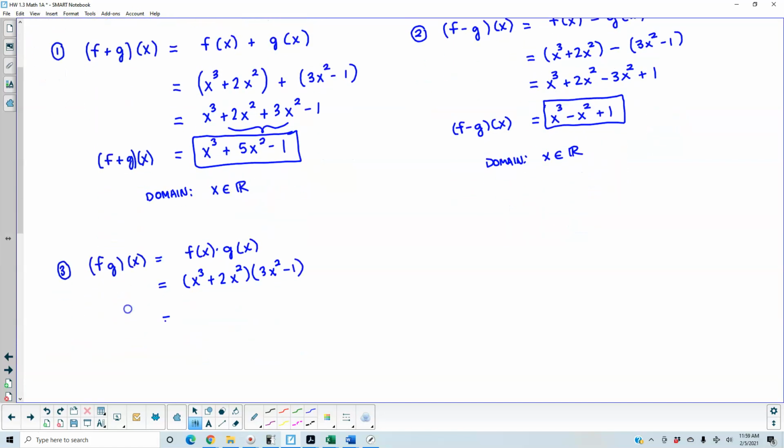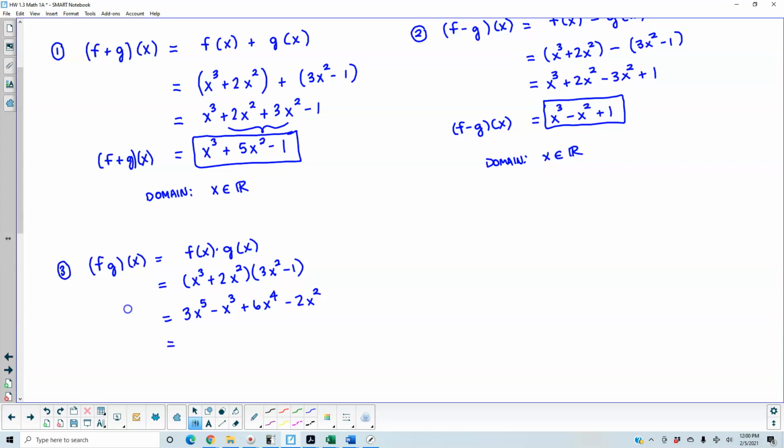So using the FOIL method, we should end up with 3x to the 5th minus x cubed plus 6x to the 4th minus 2x squared.